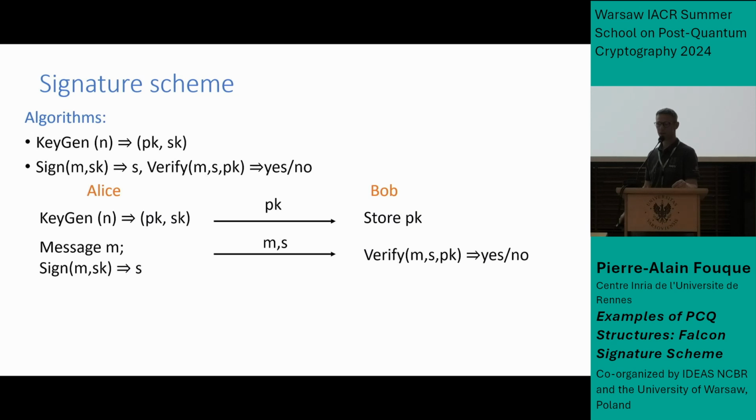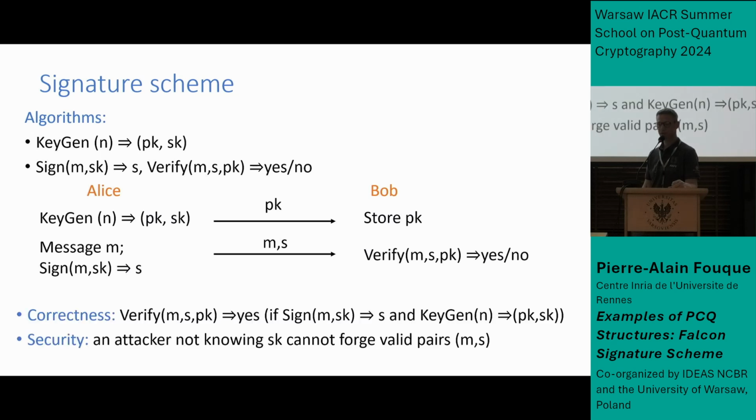Alice sends a public key to Bob, or he can download it from some server, and afterwards Alice can send a message and a signature, and Bob can just verify this using the public key. Normally we have some certificate around this, but we will just forget about this a little.